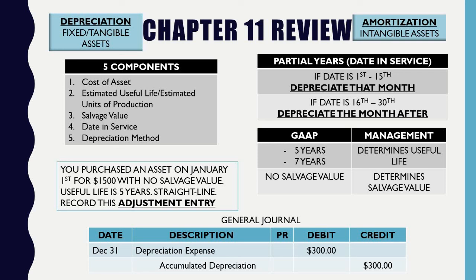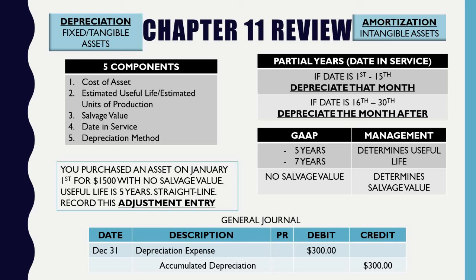All right. And then, of course, that's how you journalize it. You're going to debit depreciation expense, and you're going to credit accumulated depreciation. And all of this is an adjusting entry that happens at the end of a given period.